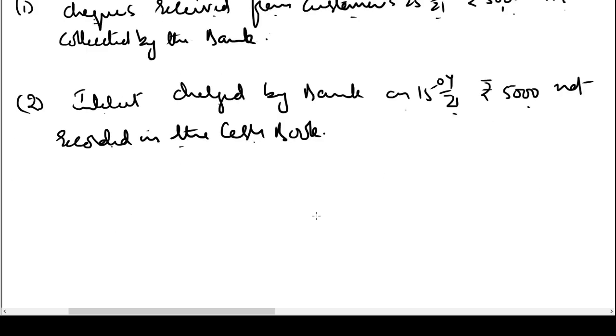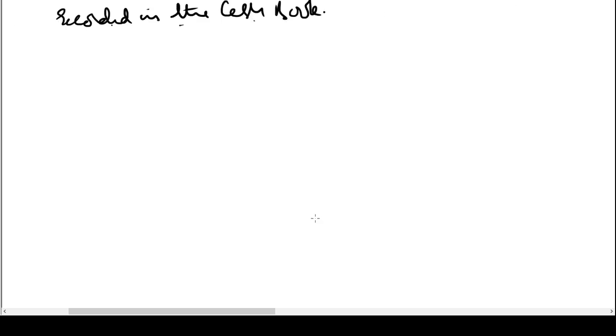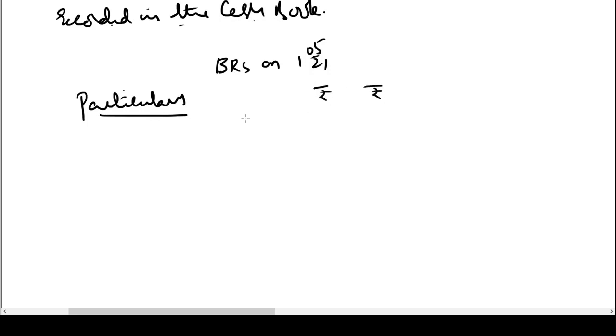Now, how do we prepare a bank reconciliation statement for this problem? I'll simply write BRS as on 1st May 21. I am preparing a statement explaining the difference in the balance as per cash book and as per the passbook.